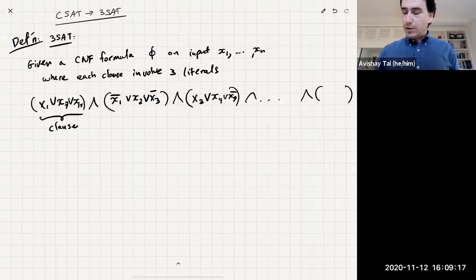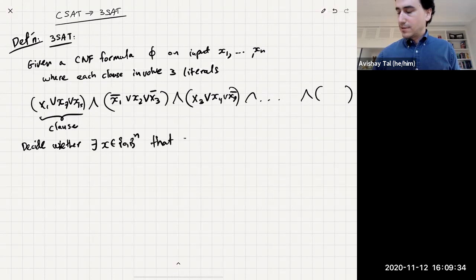And your goal is, you need to decide whether there exists some x in {0,1}^n that satisfies the formula.